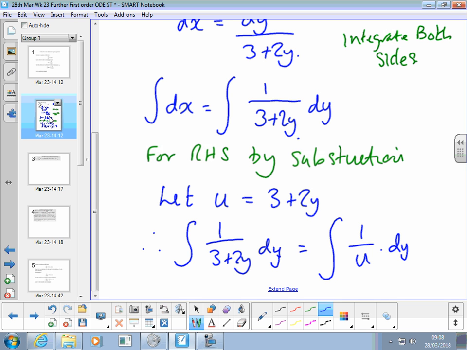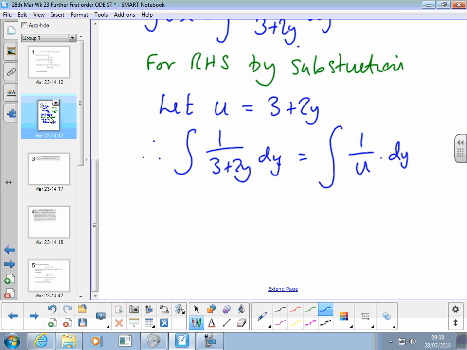Now does it look like something in the table of standard integrals? ln, yeah? Substitute u back in, so it is equal to ln of 3 plus 2y.